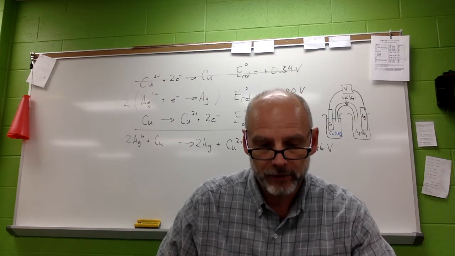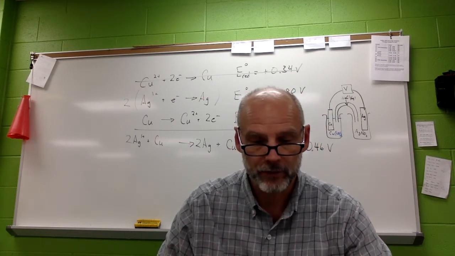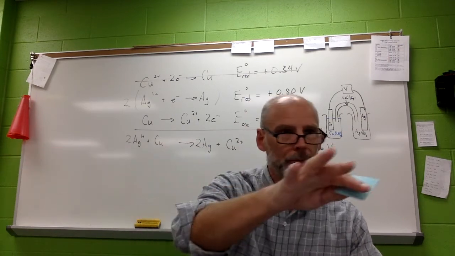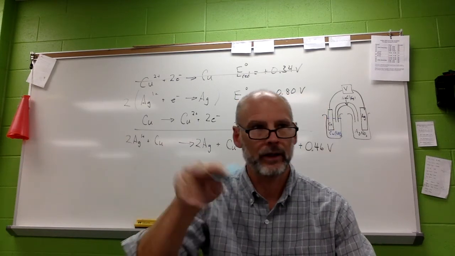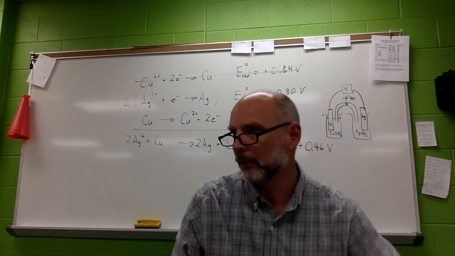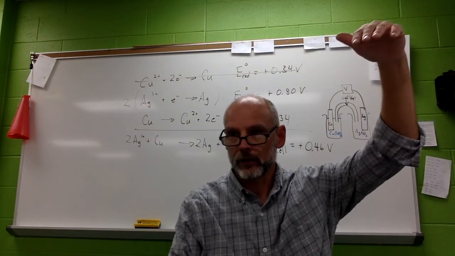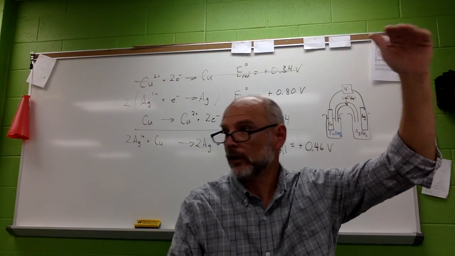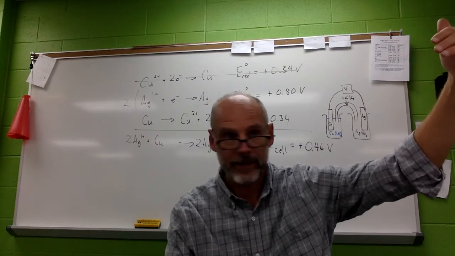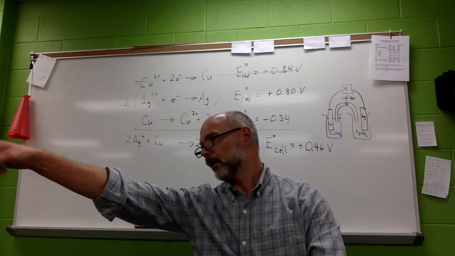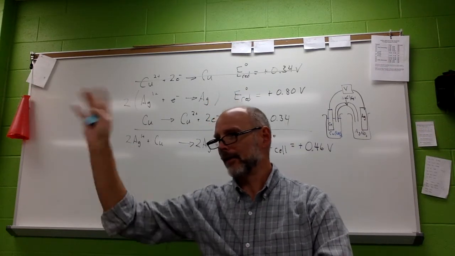So, the more positive the reduction potential. I already talked about this with a couple of you in conversation during the little study hall piece, okay? When looking at that table, we already looked at fluorine as being the most easily reduced. Yesterday we talked about why that's true.